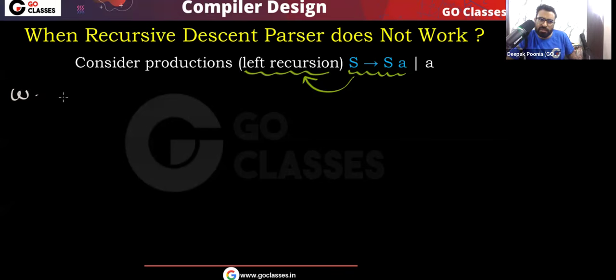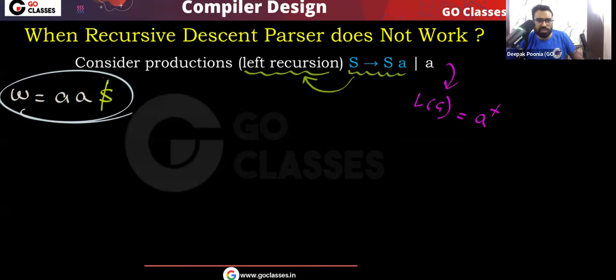Let's assume that your string is A. Remember, this grammar actually generates double A. If you see the language of this grammar, L(G), you can easily notice that A plus is generated. Means A, double A, triple A, four A, basically that is generated. These strings are generated.